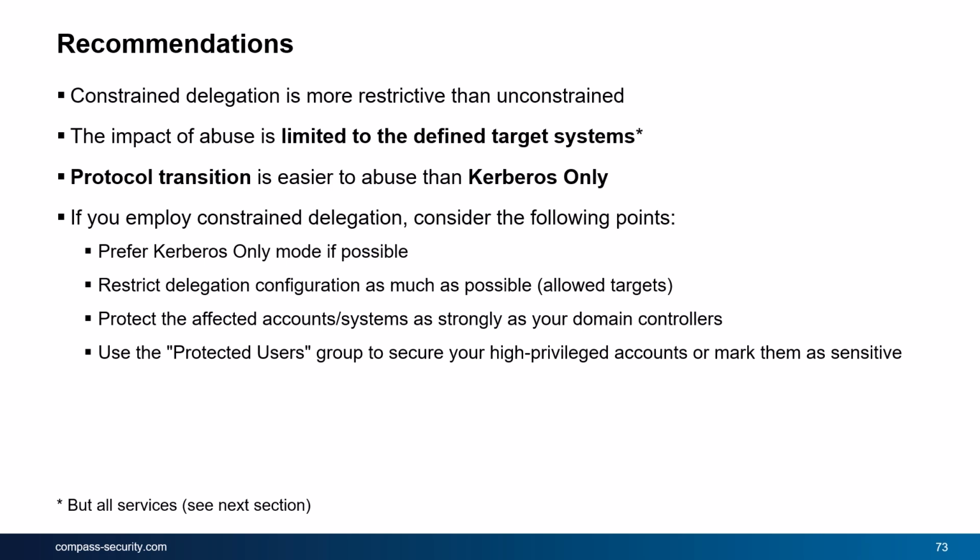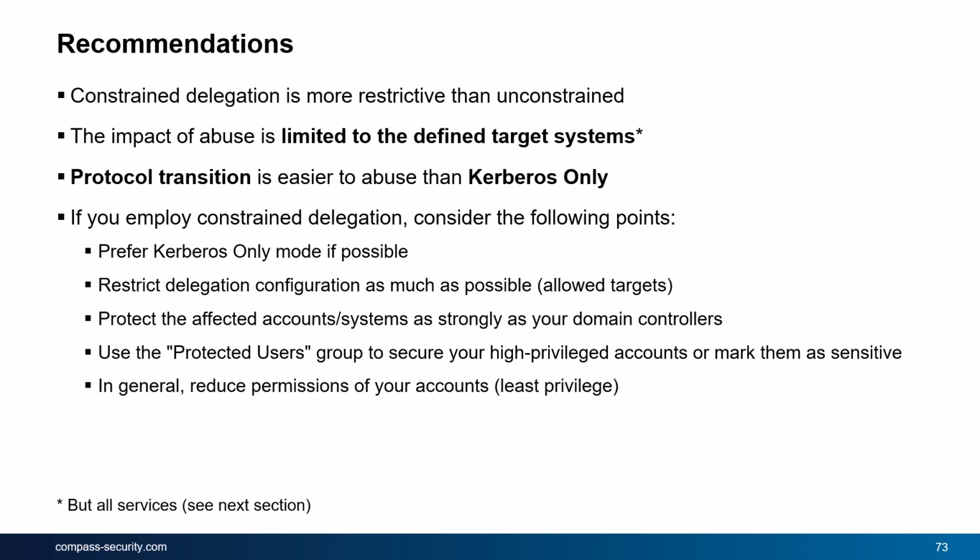Again, as we've already heard with unconstrained delegation, it's a good idea to use the built-in protection features that come with Windows Active Directory, so the Protected Users group, or marking users as sensitive, especially for your highly privileged accounts, so they are not eligible for delegation.